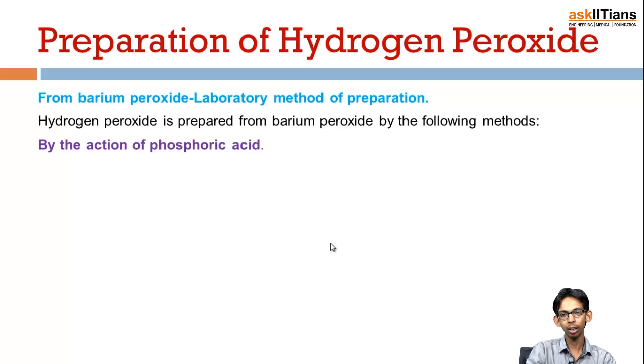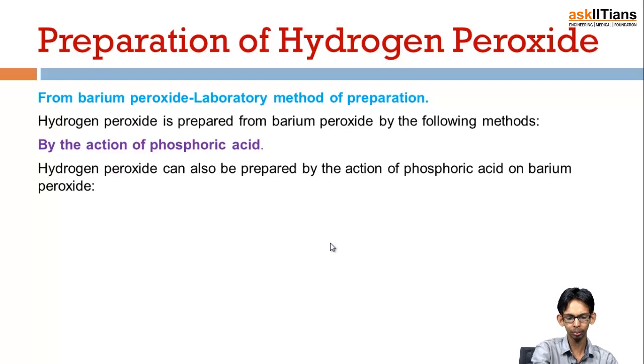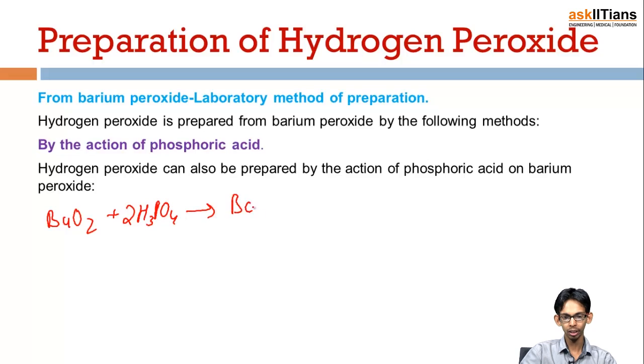Next, we can generate hydrogen peroxide from barium peroxide by action of phosphoric acid, and the reaction would be something like this. We have BaO2 that reacts with H3PO4 to form Ba3(PO4)2, which settles down, and then we get hydrogen peroxide.